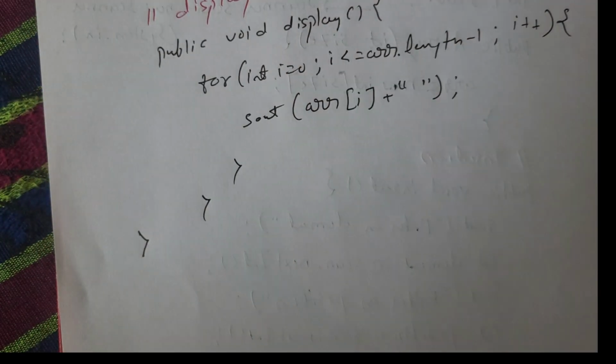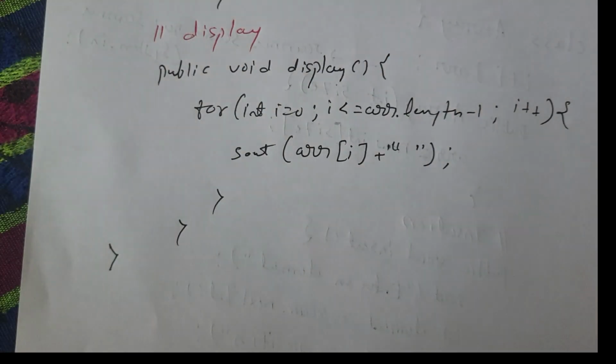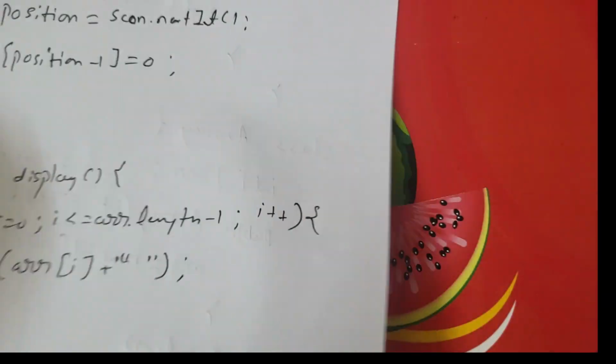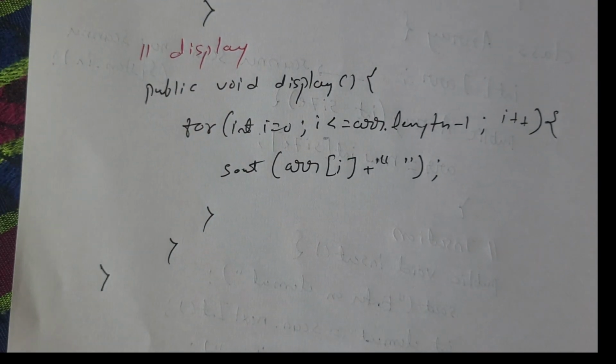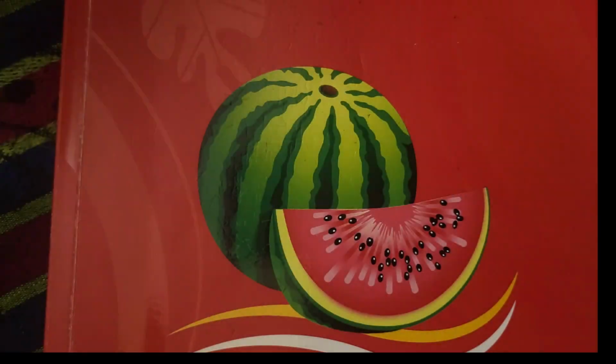Now we have written the class. Now we'll create one main method to call this insertion, display and deletion logic. So what I would do, I will create one main method here.